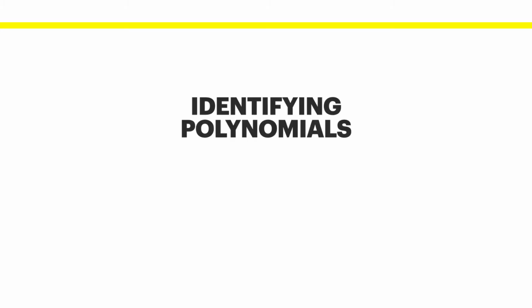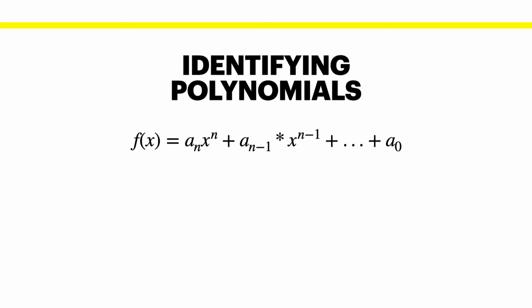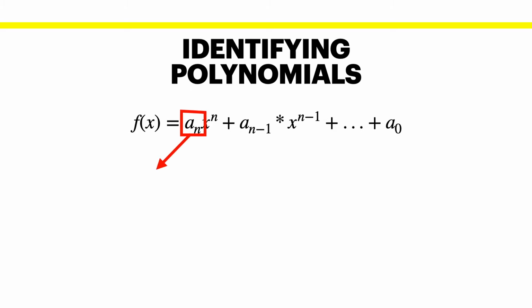When we identify polynomials, we have to understand the notation that it follows. A polynomial is defined by the biggest power that it has in its dependent variable, which is usually the x. If you look at the a sub n over here, this is what we call the leading coefficient.